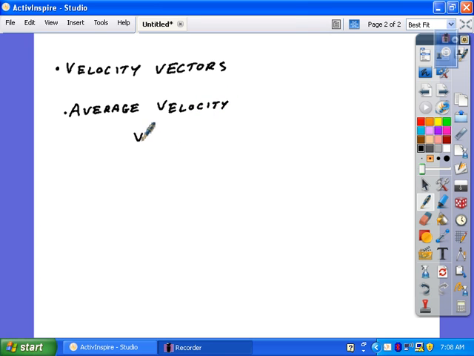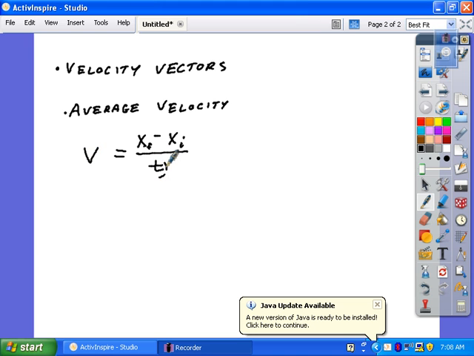That's when we used final position minus initial position over t. This is average velocity. Average velocity is taken over a significant period of time.